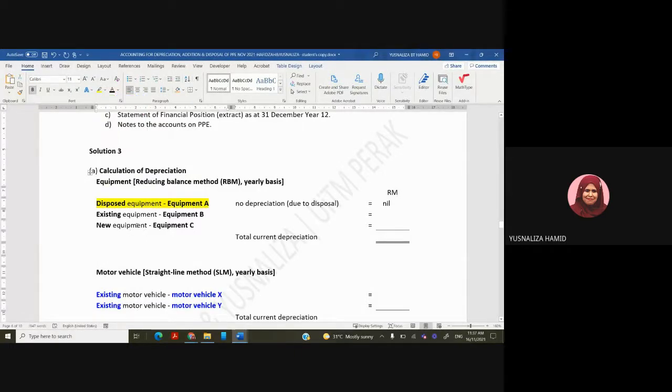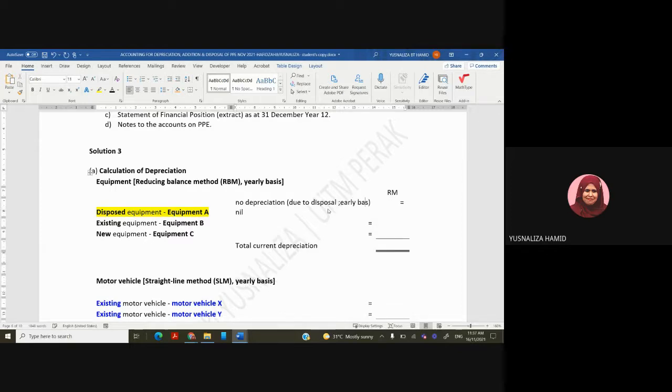Now let us look at equipment B. No depreciation due to the disposal, and that was because the company is adopting the yearly basis.